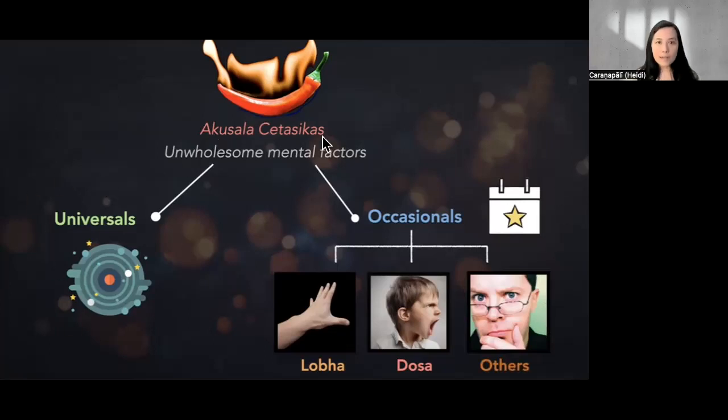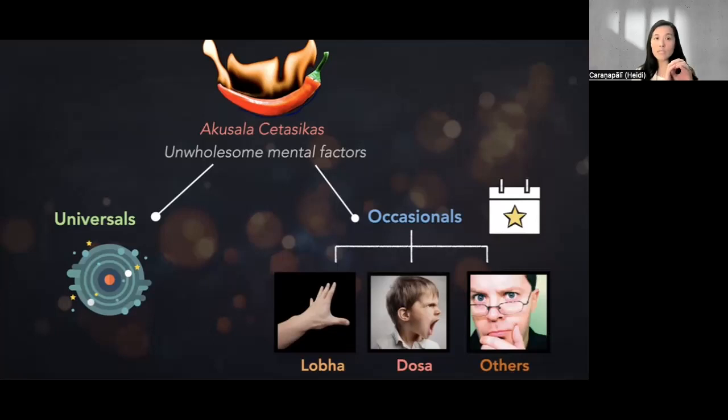Now, universal of Akusala cetasikas, what does that mean? That means any kind of Akusala citta that arises will always be associated with these Akusala universal cetasikas. A citta that arises always associates with the ethically variable universals and some of the ethically variable occasionals.